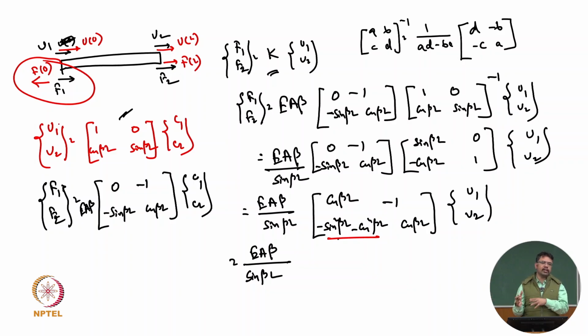So sin square beta plus cos square beta, that means 1, minus. So this is nothing but -1.